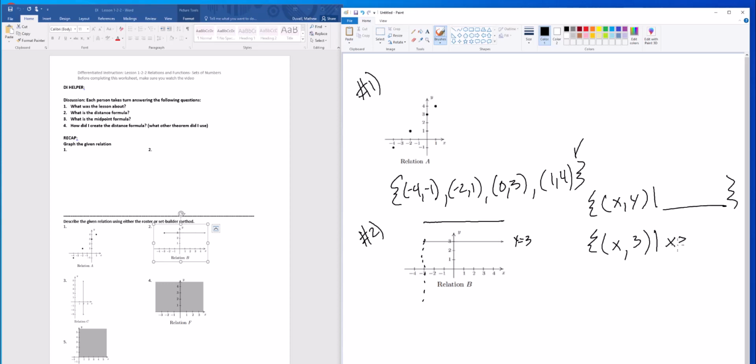That -3 is the smallest value. It's a closed circle, so that's why it's equal to, and x is greater than that -3. It's going to infinity. Let's look at another one.